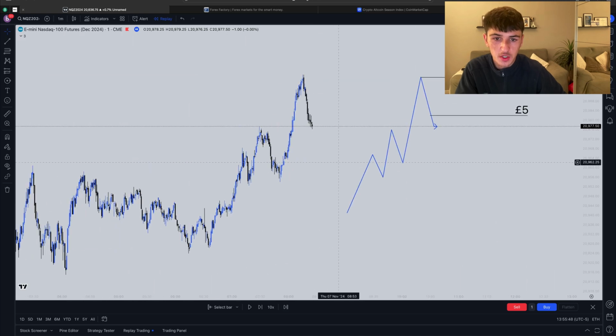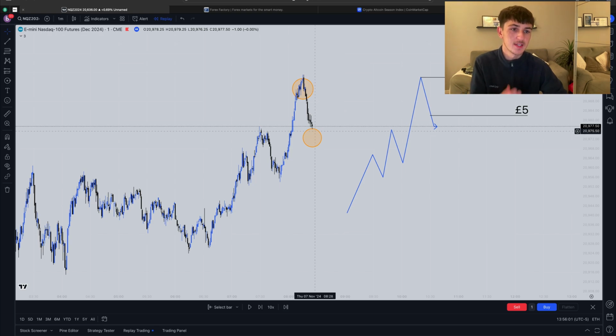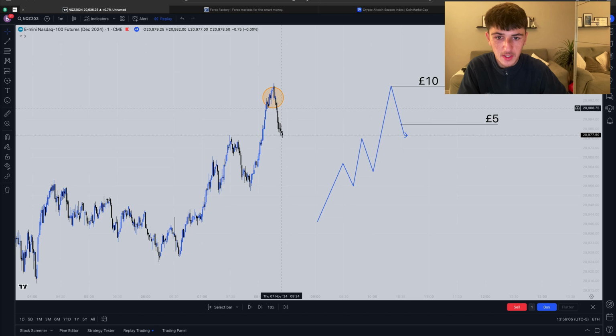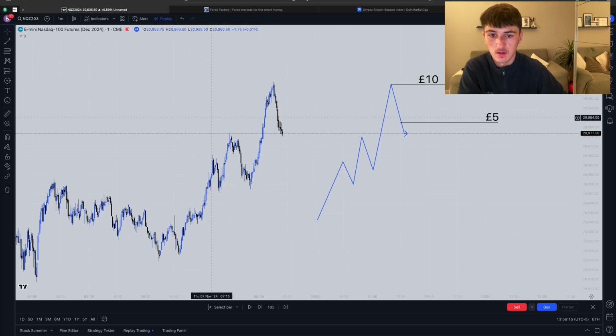If you look at the chart, why would anybody want to buy Nasdaq when it's here, when if they're a bit more patient and wait for a pullback, they've got a chance of getting it at this price, which we call a discounted price because it's on sale. So you imagine that this is premium price, where it's at the most expensive it can be, which is always the top of the range. The high is always going to be the most expensive, but the pullbacks are when it's on discount.